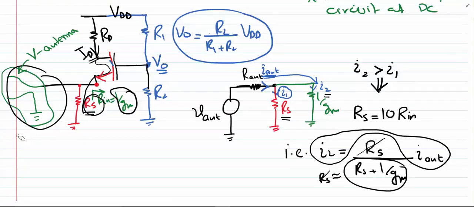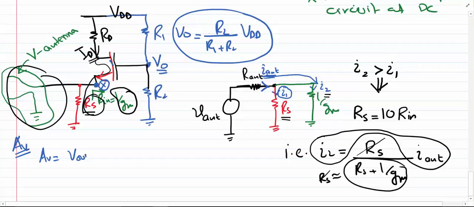Now at the end, let's just, for the sake of it, try to find the voltage gain of this common gate amplifier. So before we move into finding the voltage gain, let's just call this node as node X. So we can say that the voltage gain is V out over V in, which we can split using the chain rule as Vx over V antenna times V out over Vx.